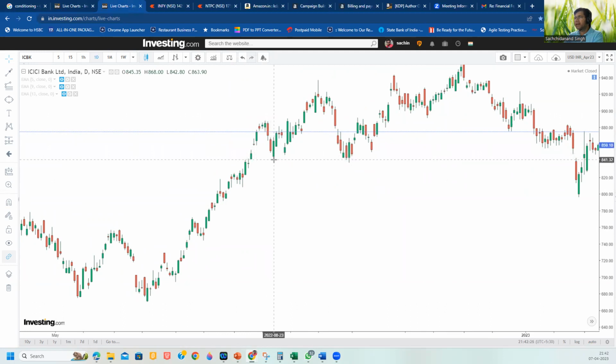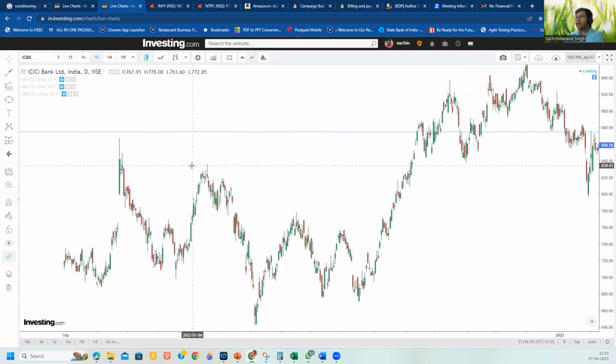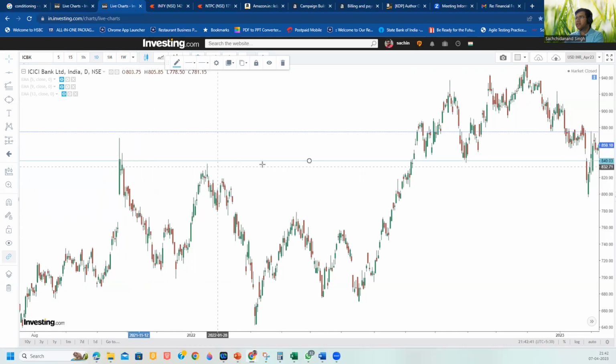From here it finds a support, and in a traditional way, if you put a horizontal support line in this chart, maybe using the maximum point, that is also touching a similar line.